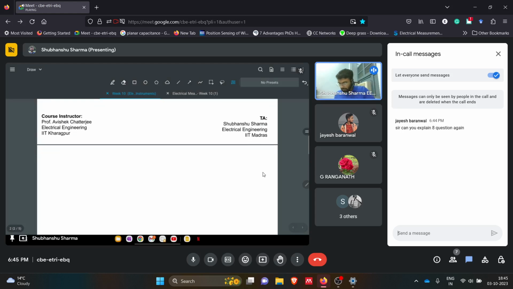So just let me draw the diagram. So this is question 8 of the assignment. There is one input current I in. It is having an 8 ohm resistor. Then we have this plus minus.